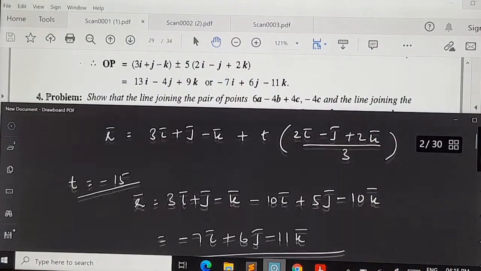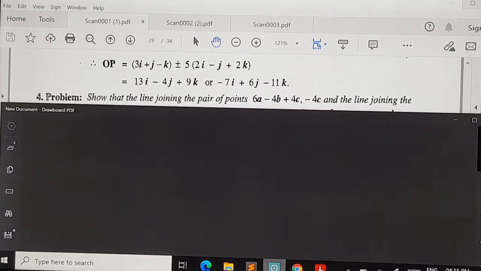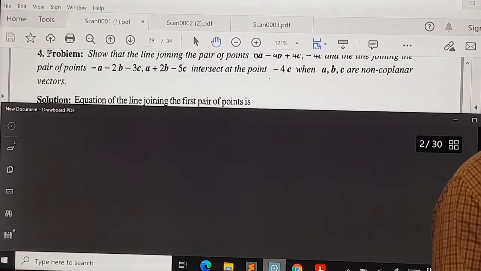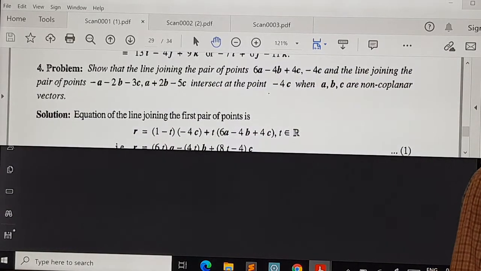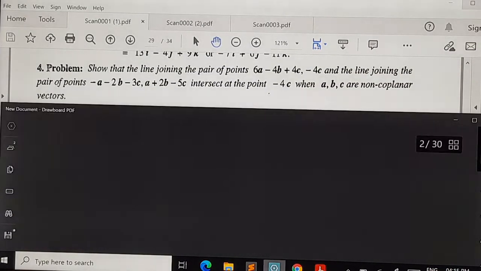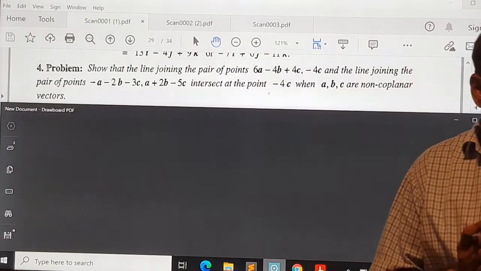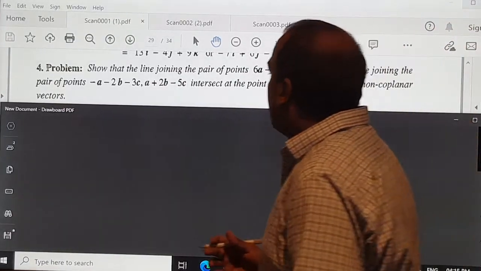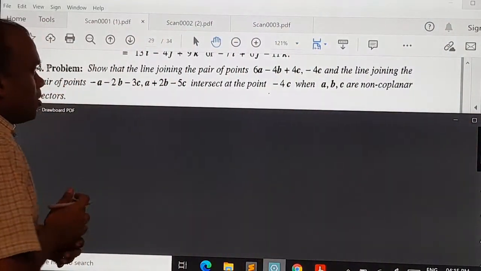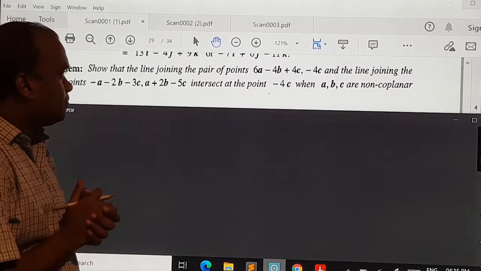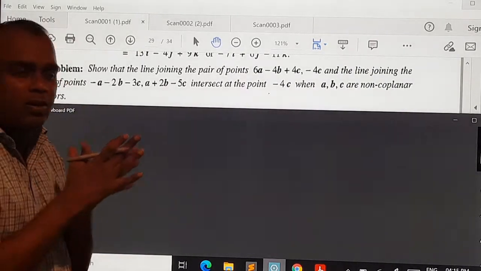Coming to the next solved example, we have the line joining a pair of points and the line joining another 2 points. We have to prove that they intersect at the point minus 4c bar. Now actually, I don't like the way the question is asked. Such a wrong way of asking.